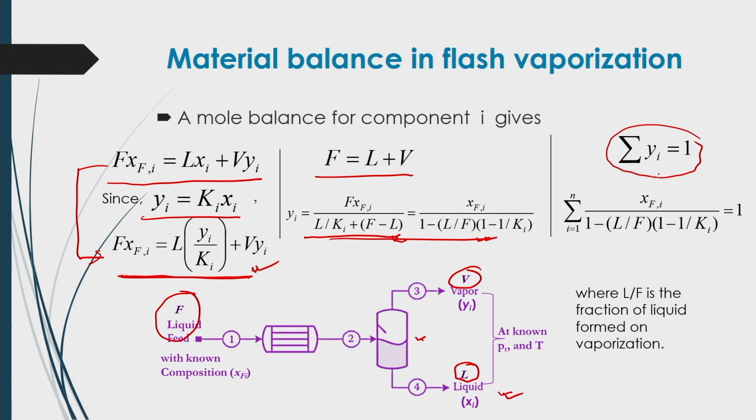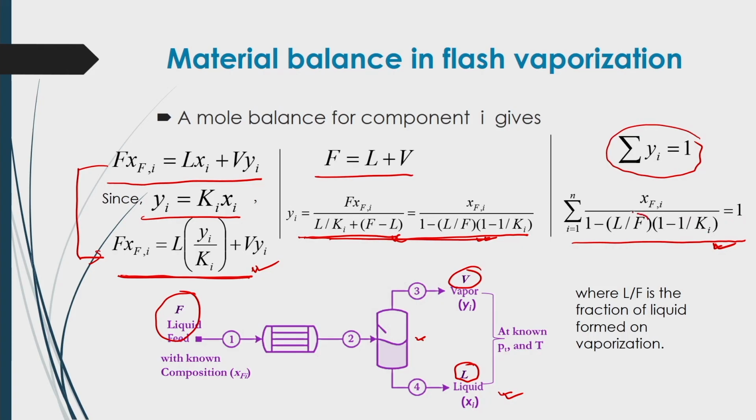If you substitute that yi from the material balance equation, you can express it as shown in this slide: the summation of xFi by 1 minus L by F into 1 minus 1 by Ki should be equal to 1.